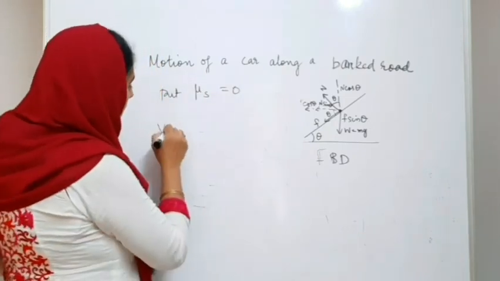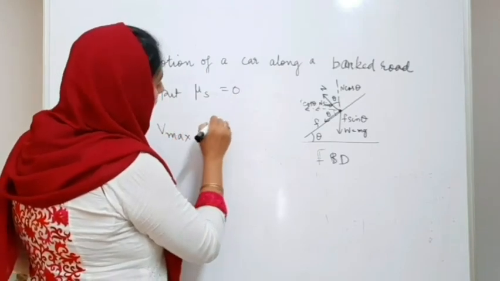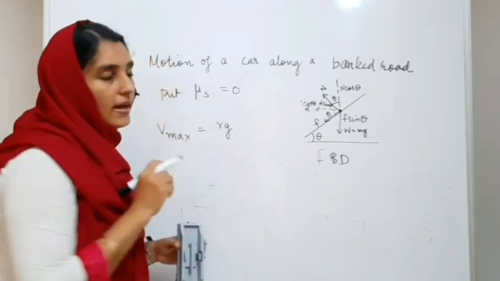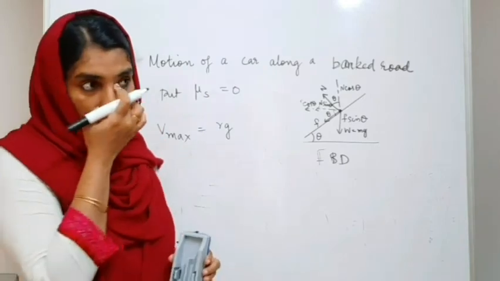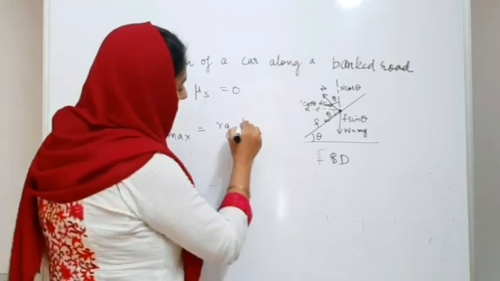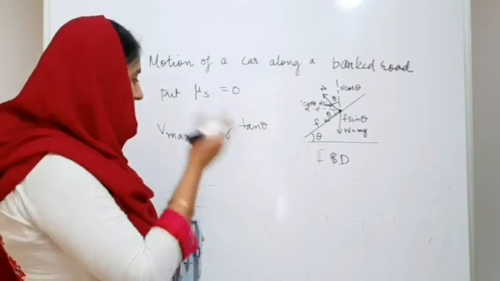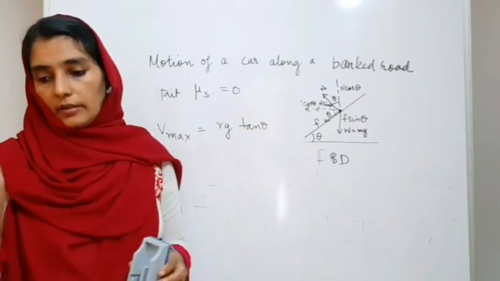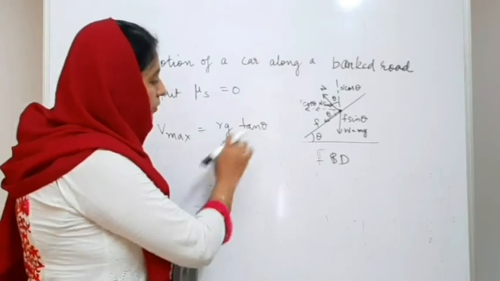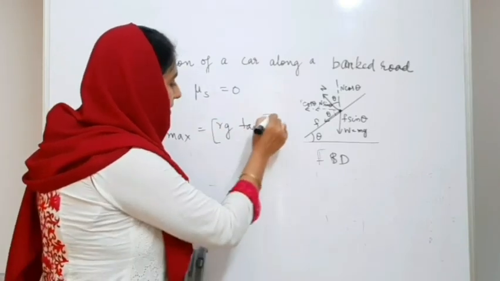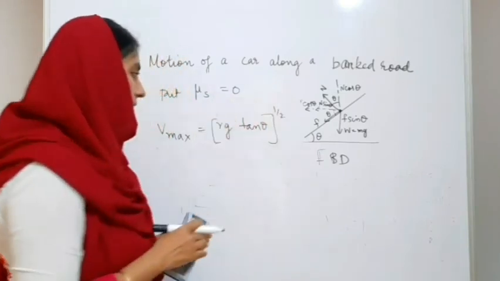So we have V max equal to Rg into, in the expression, tan theta plus mu s. So it will be tan theta itself, and in the denominator, 1 minus mu s tan theta, the mu s term goes to 0, so it is only divided by 1. So V max is equal to (Rg tan theta) whole raised to half.